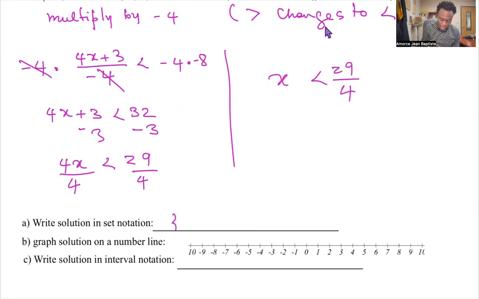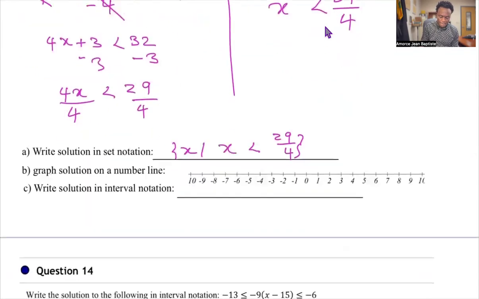So that's the set of x such that x less than 29 over 4. On the number line, I'm going to try to see where the 29 over 4 is. 29 divided by 4 is 7.25.